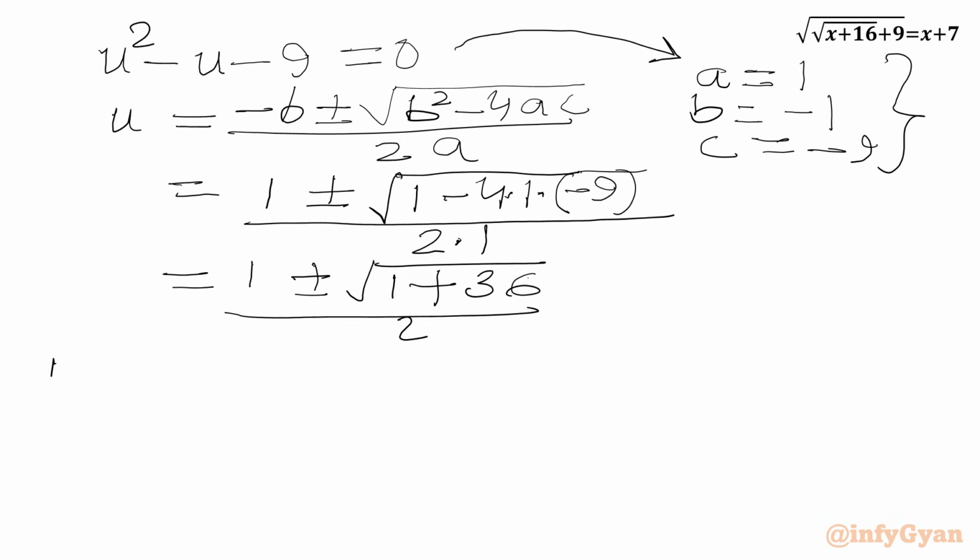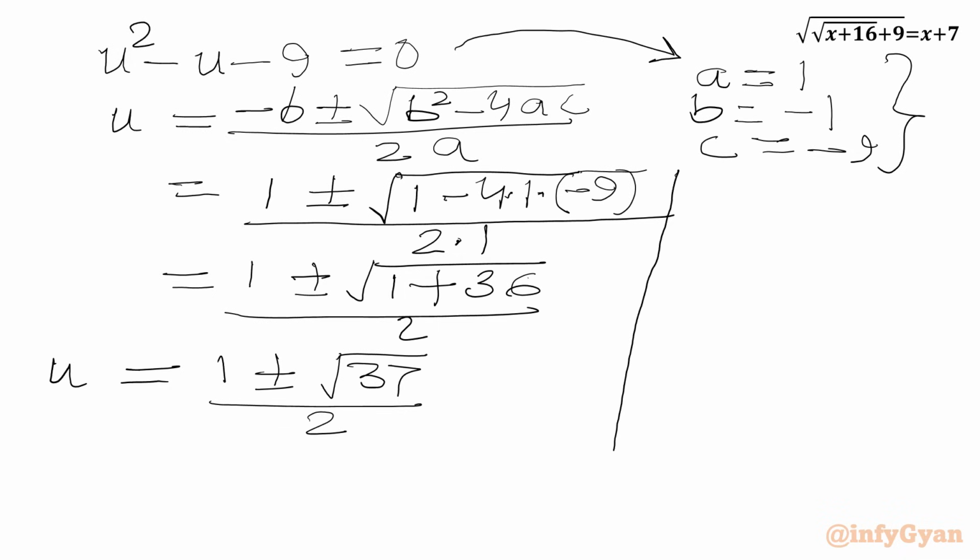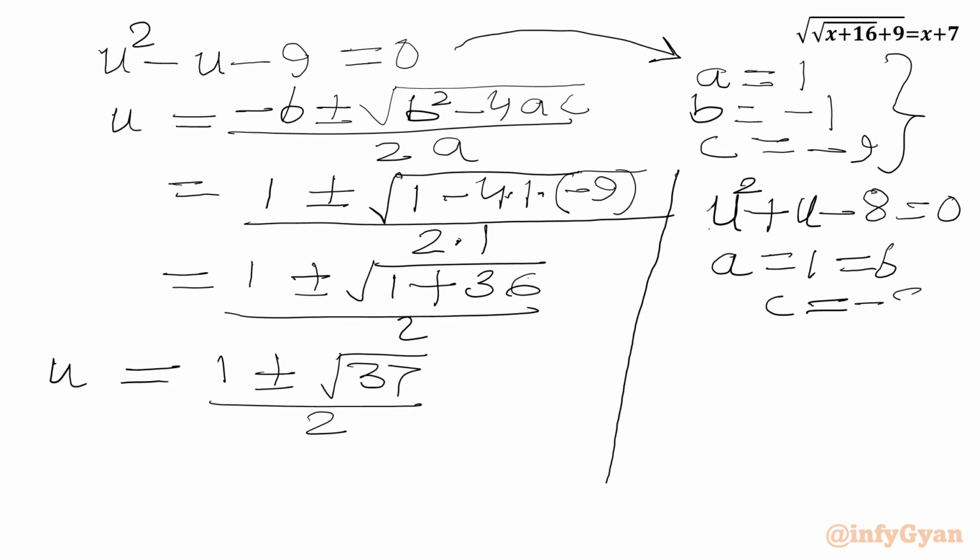Or we will be writing our real roots, 1 plus minus square root of 37 over 2. Now we have the second quadratic equation also. So we will write here u square plus u minus 8 equal to 0. Here a is 1, which is equal to b also, and c is minus 8.